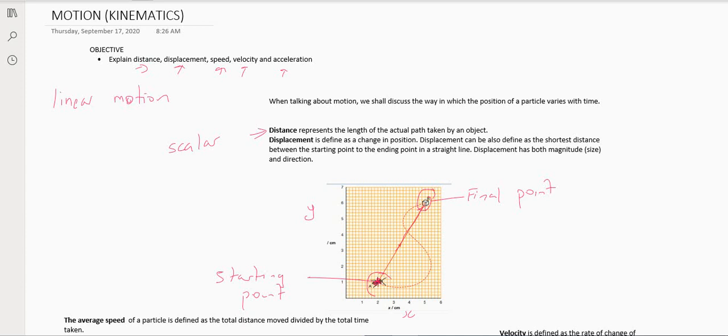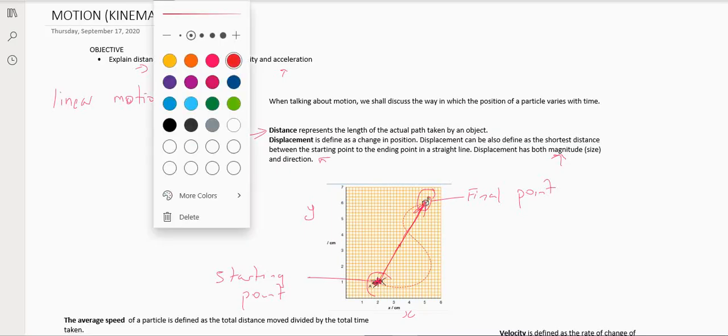Now, displacement, as we know, is a vector quantity, and a vector quantity has a magnitude and a direction, right? Now, as it relates to the magnitude, we could simply use a ruler to measure the length.